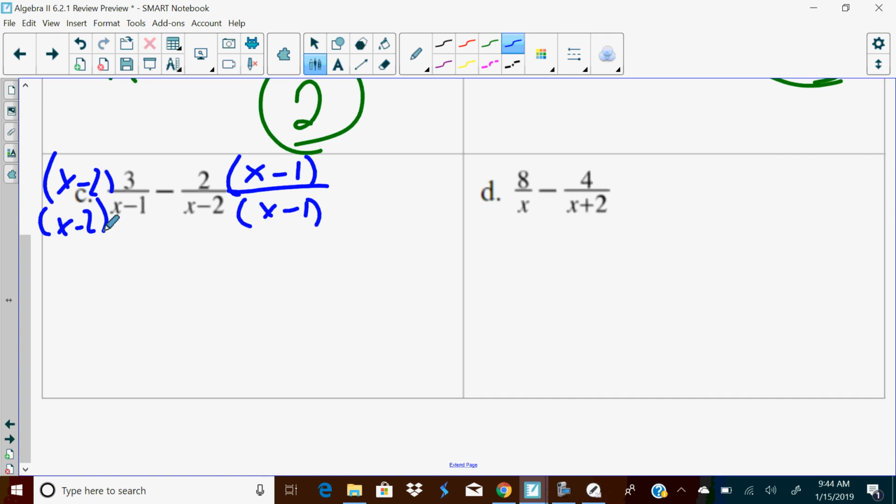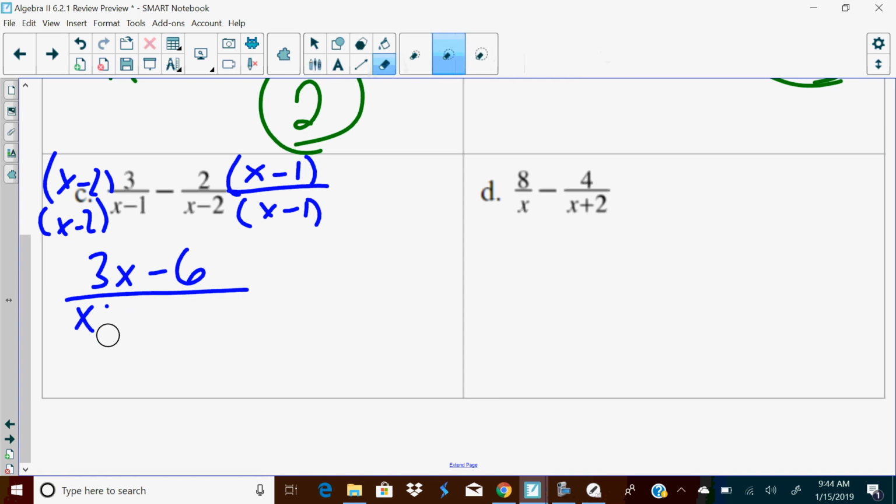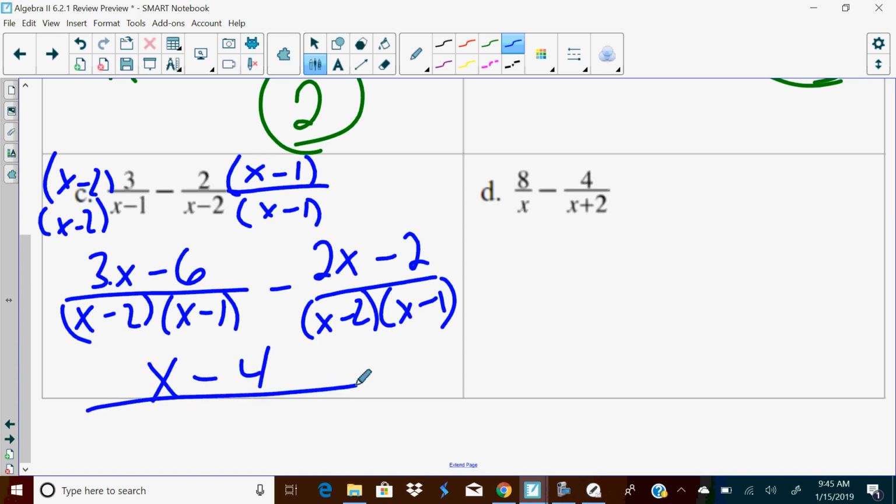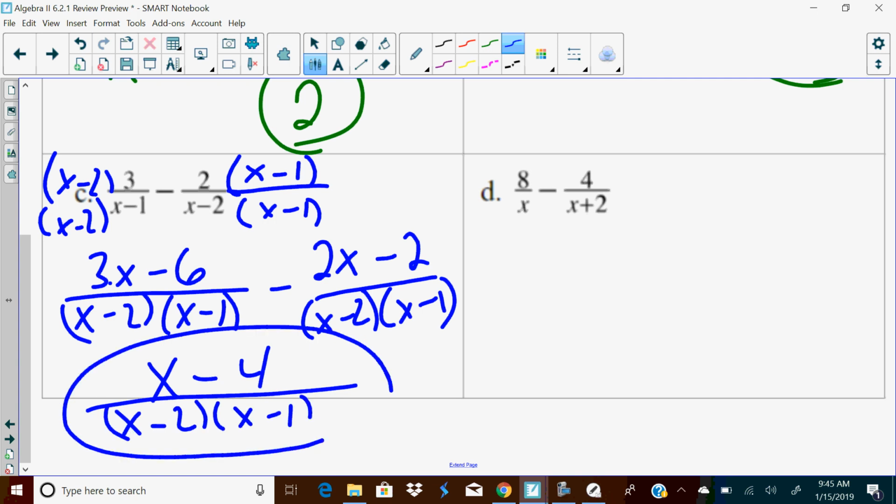So I get 3x minus 6 over x minus 2 times x minus 1, minus 2x minus 2 over x minus 1. So I combine like terms on the top. 3x minus 2x is x. Negative 6 minus negative 2 is negative 4. And I can't simplify, so that would be my answer.